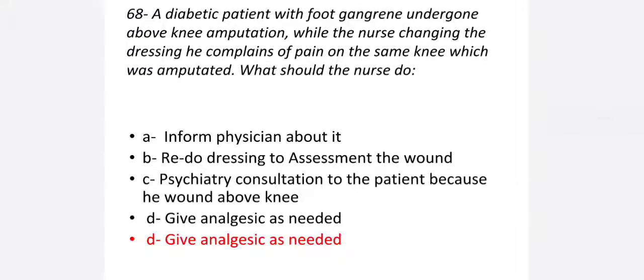Option A. Inform the physician about it. Option B. Redo dressing to assess the wound. Option C. Psychiatric consultation for the patient because he had the wound above the knee. Option D. Give analgesics as needed. Give analgesic as needed is the correct answer.